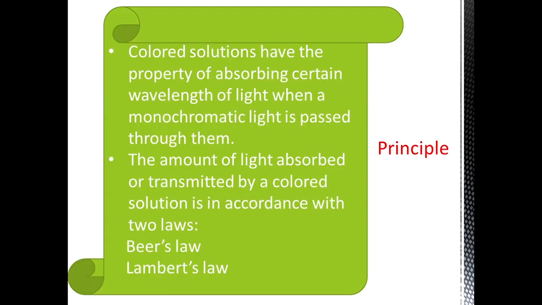Colorimetry is based on the principle that a colored solution having a particular analyte has the property of absorbing certain wavelengths of light when a monochromatic light is passed through it. So the analyte present in that particular solution, the particular amount or concentration of substance in that solution, absorbs the light that enters as monochromatic light.